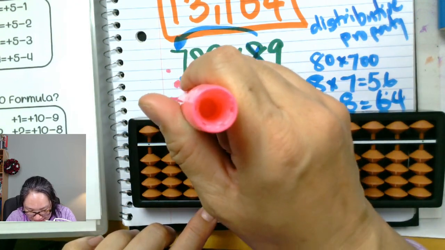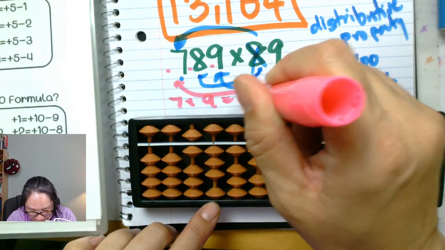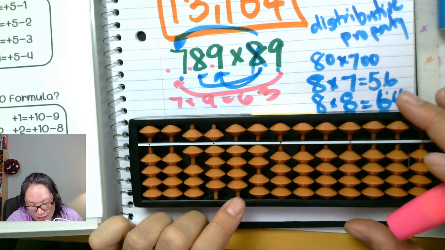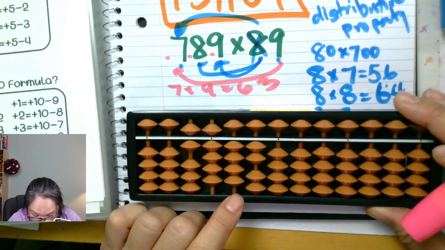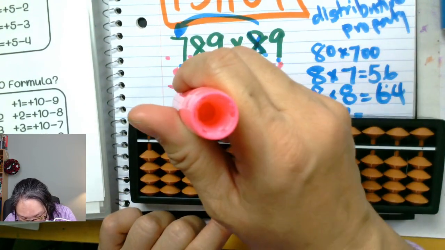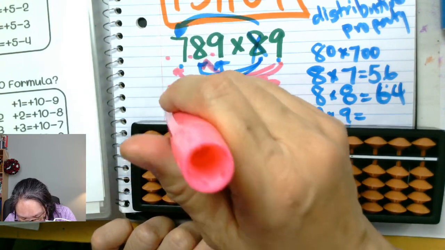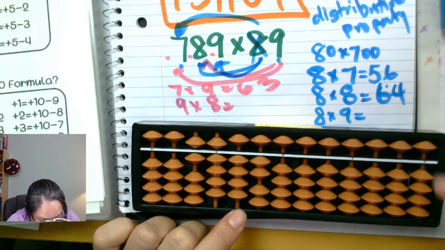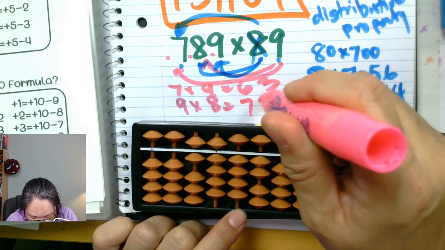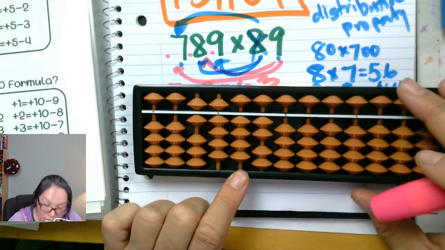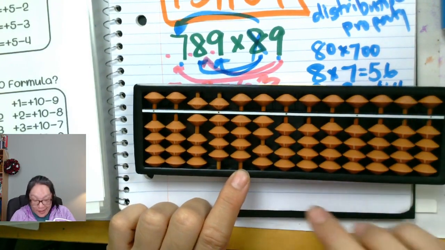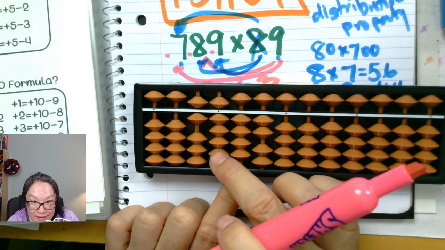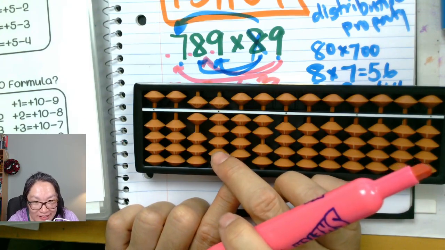7 times 9 is 63. Add the 6, add the 3. 9 times 8 is 72. We said 72, right? Plus the 10 minus the 3.